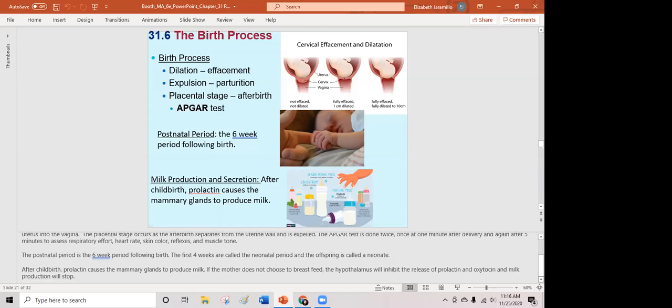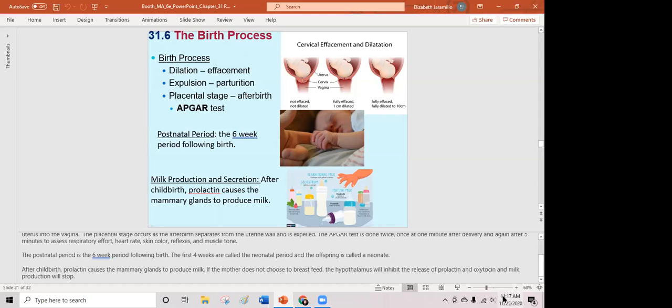Postnatal period is the 6-week period following birth. Okay, so the first 4 weeks are called the neonatal period, and the offspring is called a neonate. After childbirth, prolactin causes the mammary glands to produce milk. If the mother does not choose to breastfeed, the hypothalamus will inhibit the release of prolactin and oxytocin, and milk production will stop.